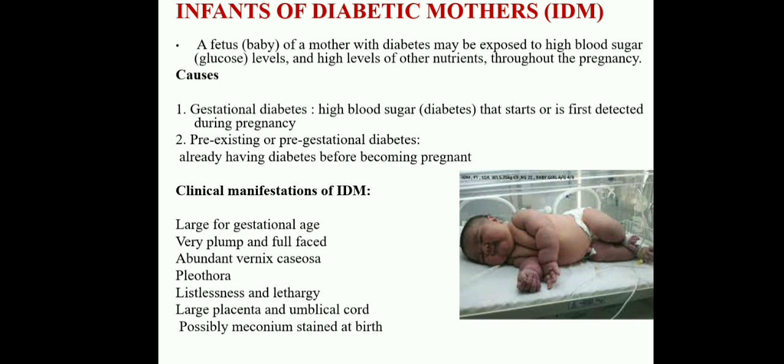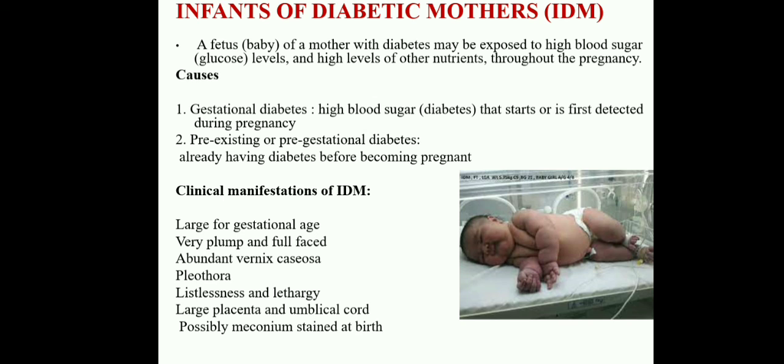What are the causes of this infant of a diabetic mother? The first cause is gestational diabetes. Gestational diabetes means high blood sugar that starts or is first detected during the pregnancy. Whenever the mother is suffering from diabetes during the pregnancy, that is called gestational diabetes.